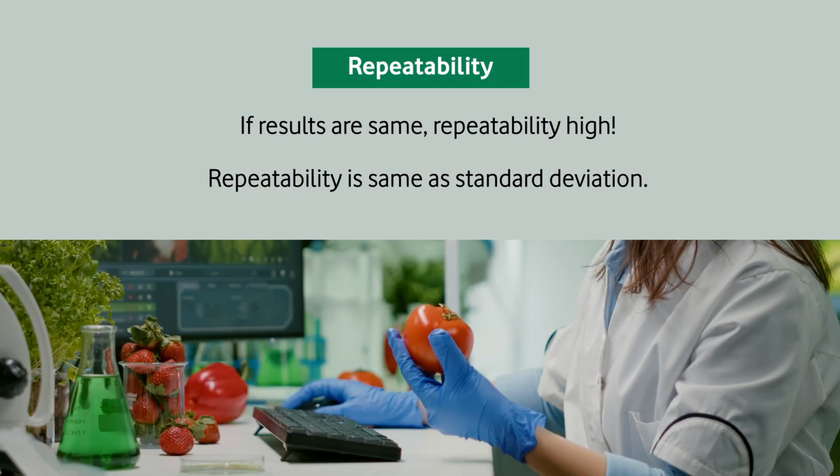If the result is the same, that means repeatability is very high. Repeatability is expressed as standard deviation. So we are looking for equipment which gives the same result all the time if done in the same laboratory.